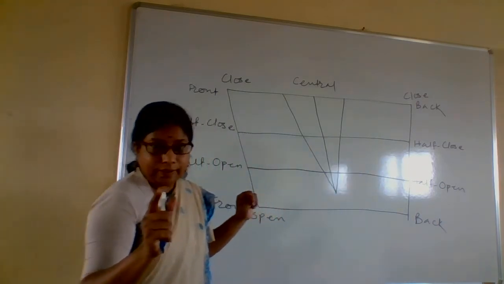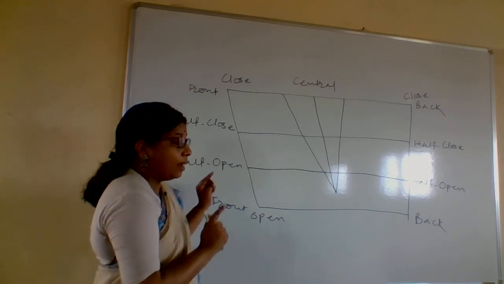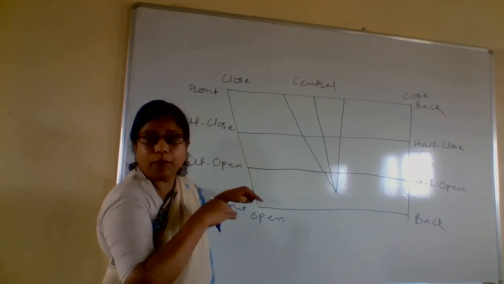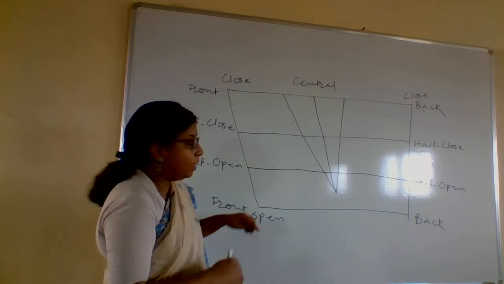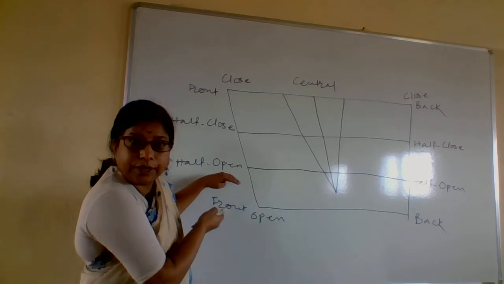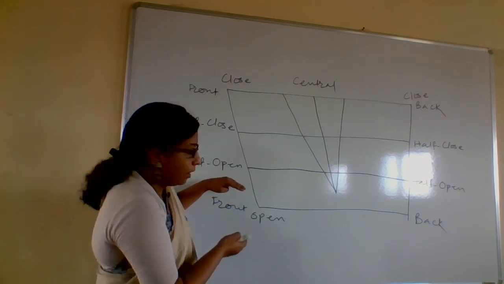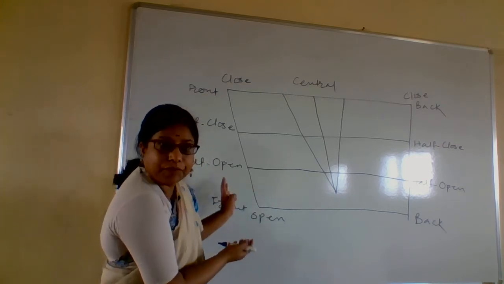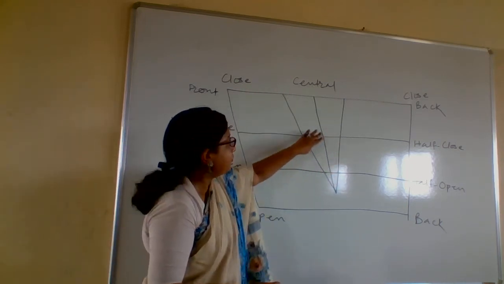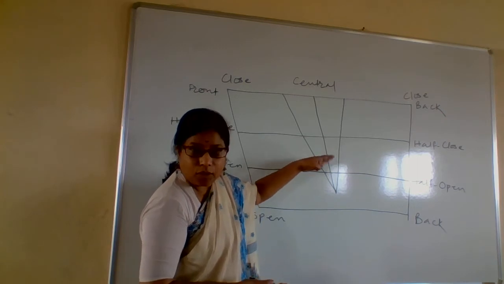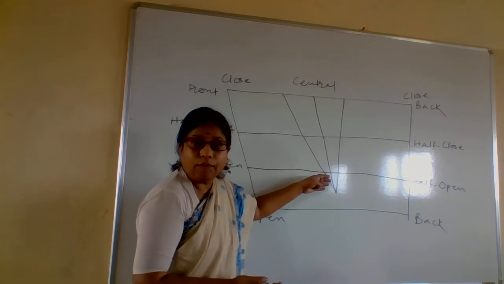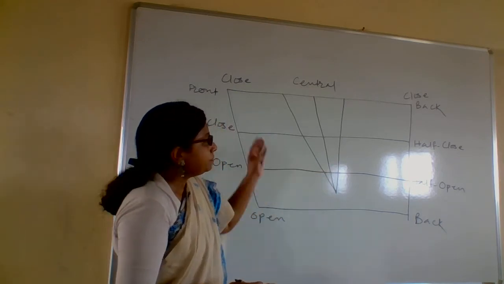One label is given depending upon the part of the tongue that is raised during the production of a particular vowel. If the front part is raised or used, that vowel is known as a front vowel. Here is the central part. If this part is raised or lowered or moves, that vowel is known as a central vowel.